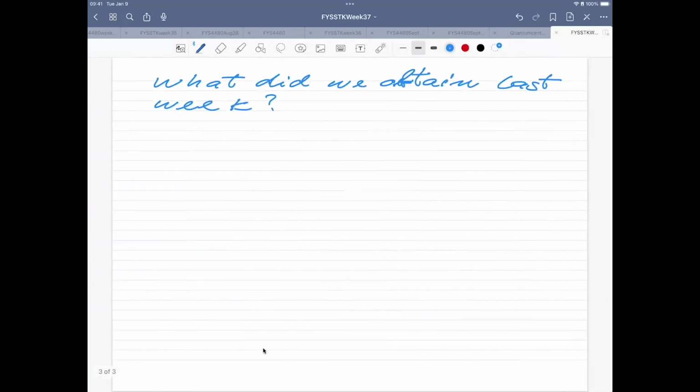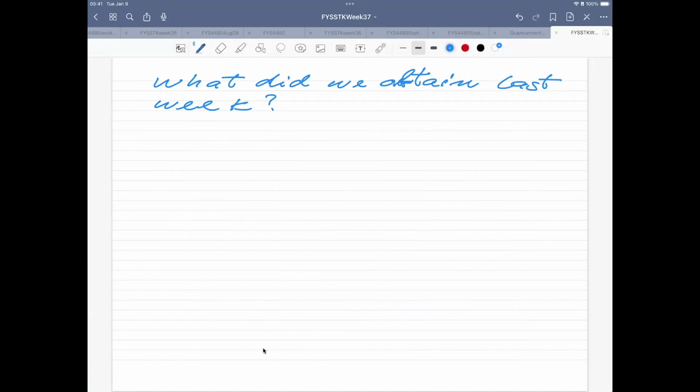But what we essentially did last week was to make a Taylor expansion of the cost function around the optimal values of the parameters theta. With that Taylor expansion and keeping terms to second order, we could derive Newton's method.